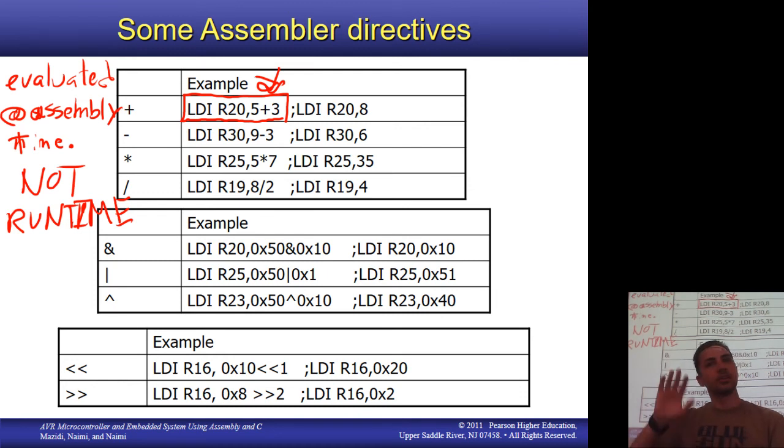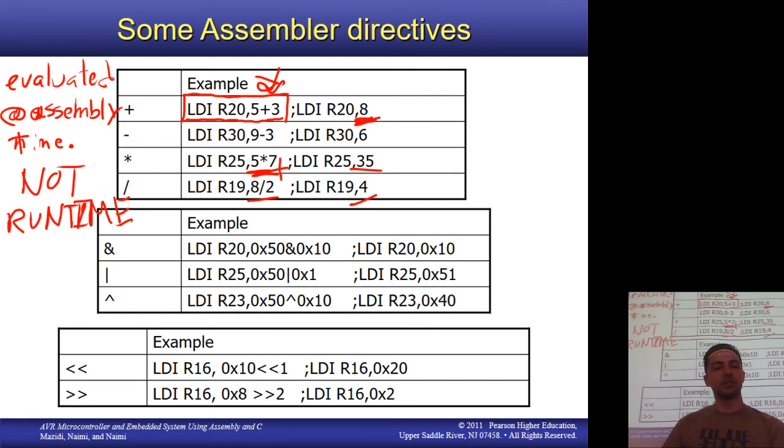I have to double check though, because as we've established, arithmetic is not my strong suit. It evaluates that as 8, so it turns that instruction from 5 plus 3 into LDI 8. Similarly, it figures out that 5 times 7 is 35. It figures out that 8 divided by 2 is 4. It does it at assembly time, and so it makes the machine code still one cycle.